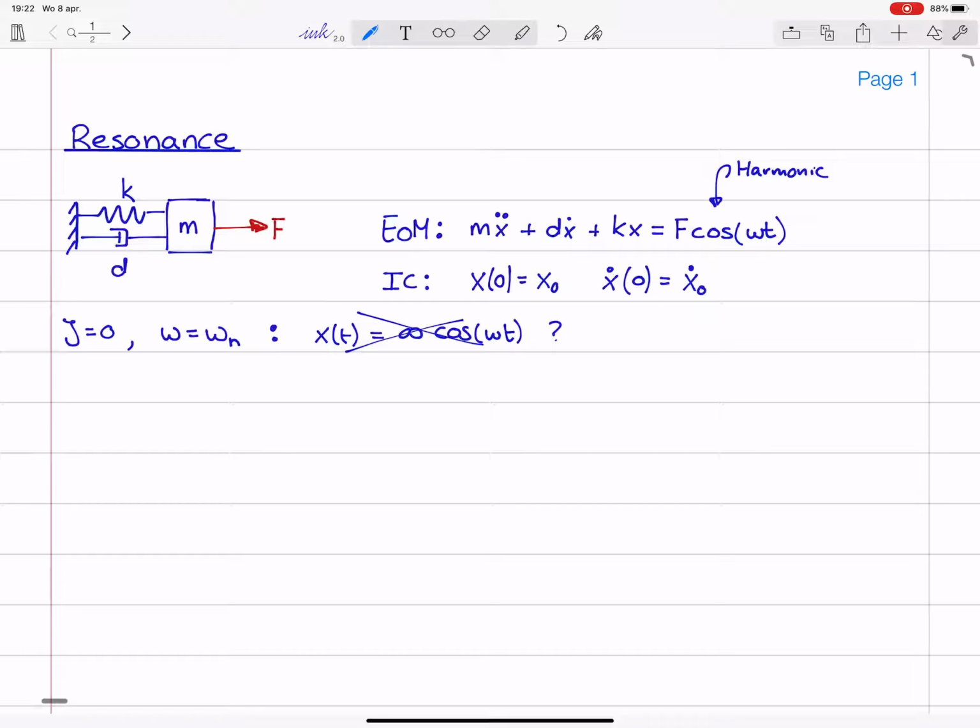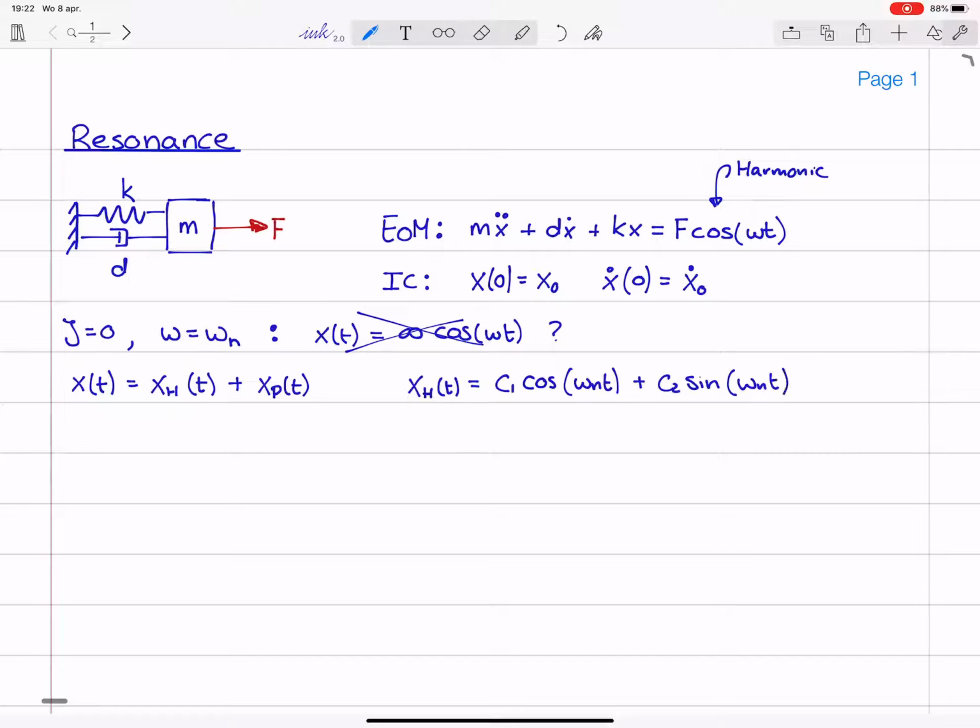Well, if you think about the solution as the sum of the homogeneous solution and particular solution, like this, and the homogeneous solution is easy. That was just C1 cosine omega n t plus C2 times the sine of omega n t.